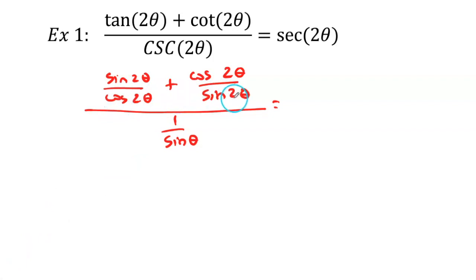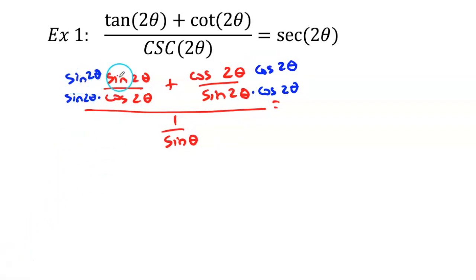They have different denominators, that means I need the same denominator, so I'm going to multiply this one times this denominator, so times sine of 2 theta on the bottom and the top. The other one, I multiply by this denominator, cosine of 2 theta on the top and bottom, and I'll have the same denominator.